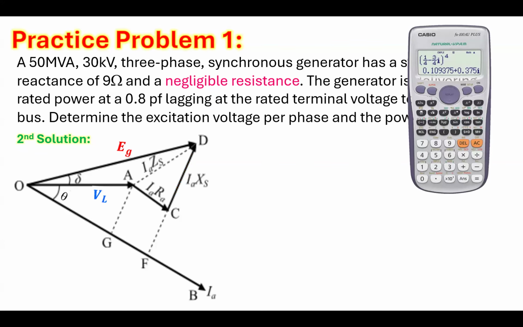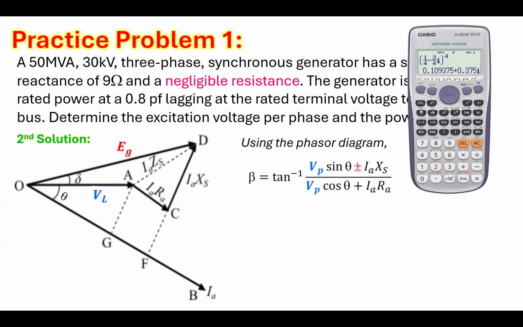So for the power angle, using the phasor diagram of the triangle, let us assign the angle beta, which is the angle between the generated voltage and the armature current.